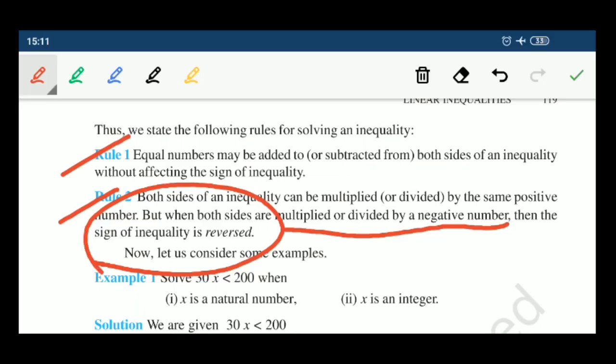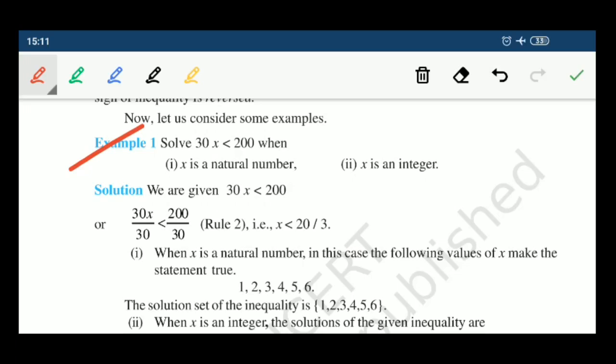So you will write down all the integers which are less than 6.6. You can see 6, 5, 4. These are less than 6.6. So all the integers which are less than 6.6, up to infinity it will become. So its answer is like this.